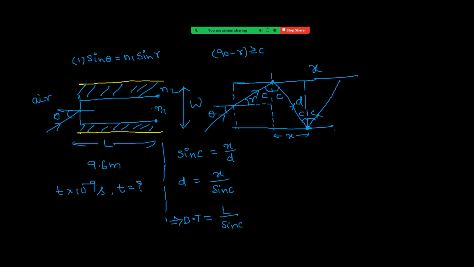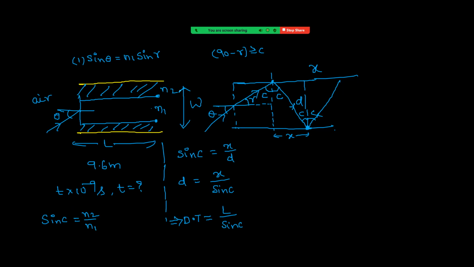L value is given. Now we have to focus on sin C. See what the sin C value is. Sin C value is mu rarer by mu denser. Mu rarer is now N2, so N2 by N1, right?